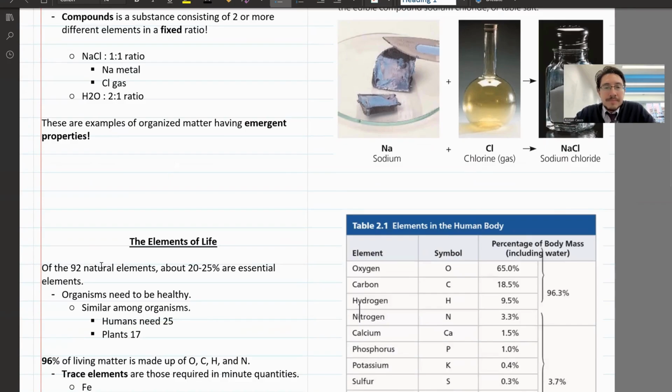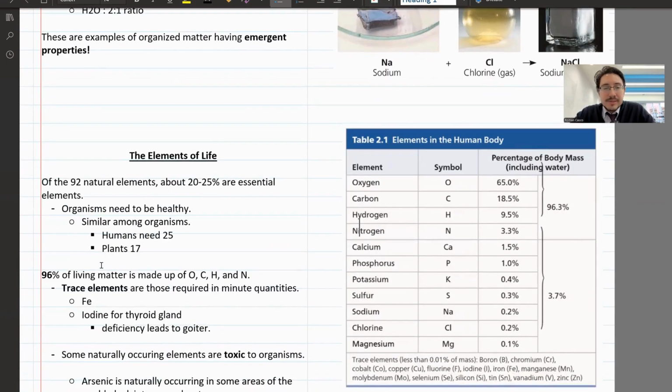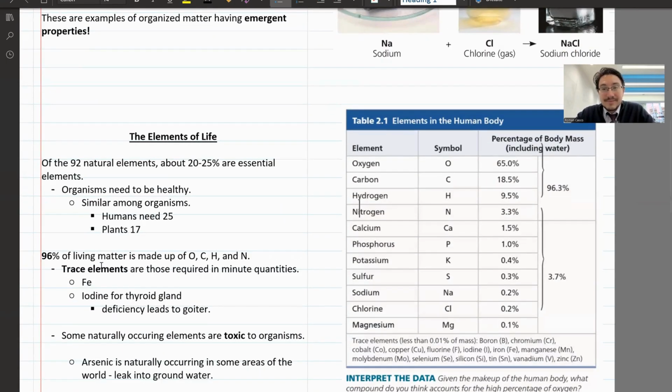Okay. So again, going back to this idea of elements, the elements of life, since we're talking about biology. Of those 92 naturally occurring elements, around 20 to 25% are essential elements for living organisms in order for them to function properly, for the organism to be healthy and for all the molecular machinery to work well.